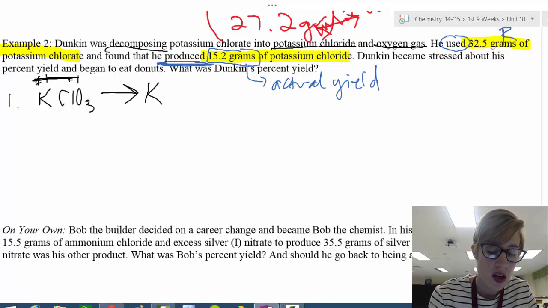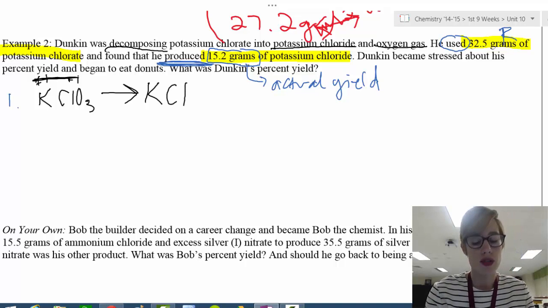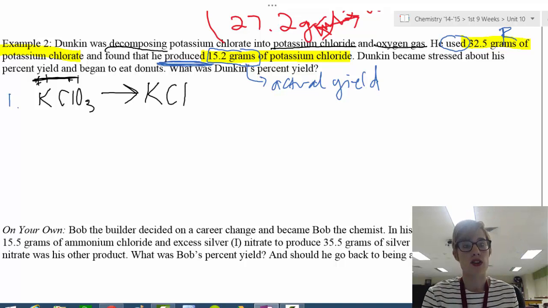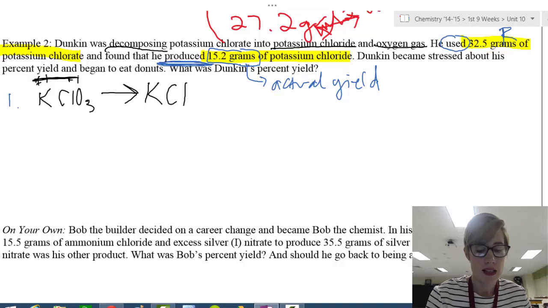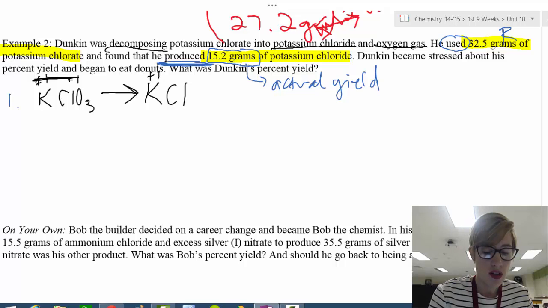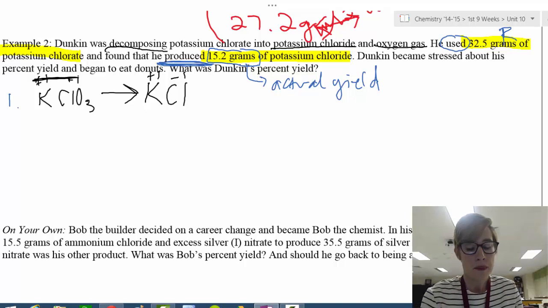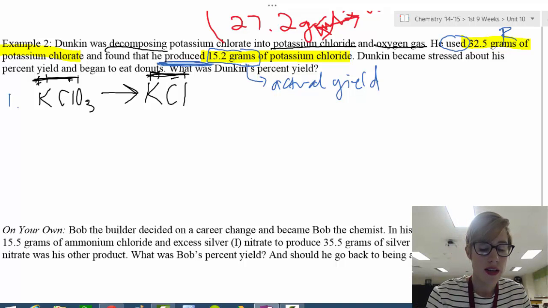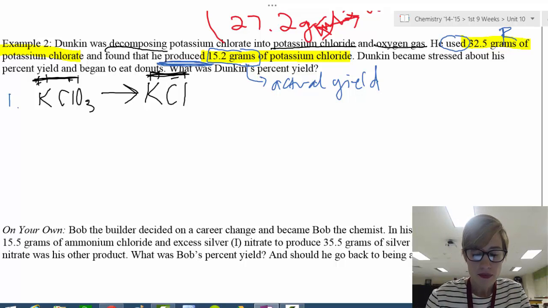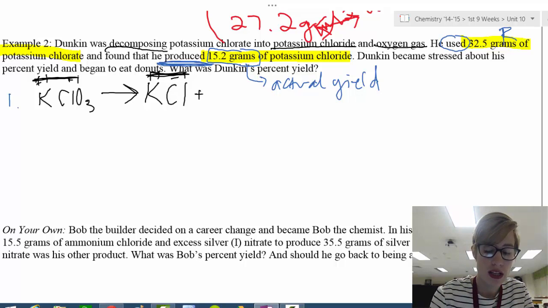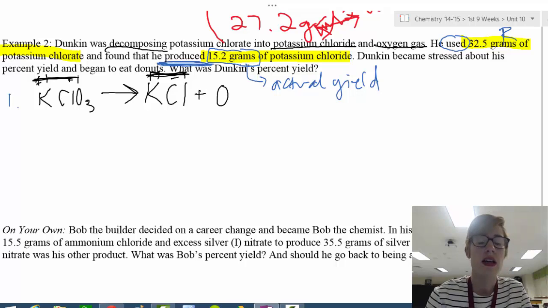Potassium is K, chloride is just chlorine, which is Cl, and now I have to even out their charges because it's a compound. Potassium's charge is +1, chlorine's charge, because I look on here, is -1, and that means their charges are even, and I can leave them like that. Now I'm also producing oxygen gas. Oxygen is a diatomic, like we just talked about, which means it's going to be O2 when it's by itself.